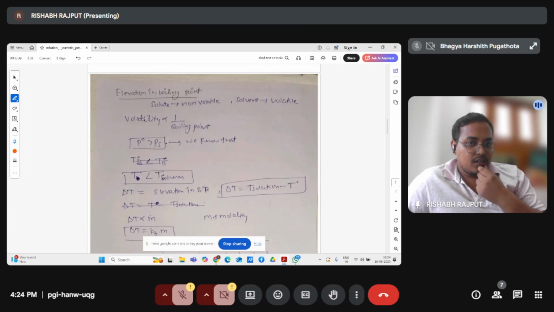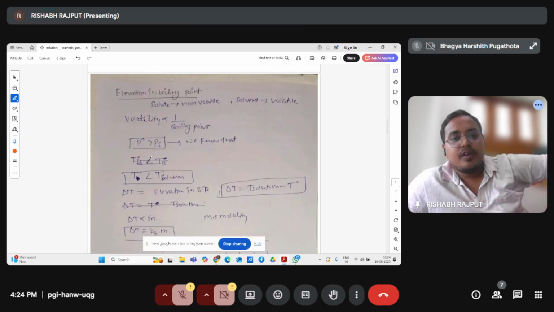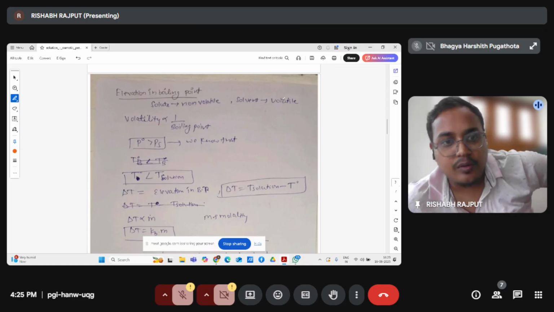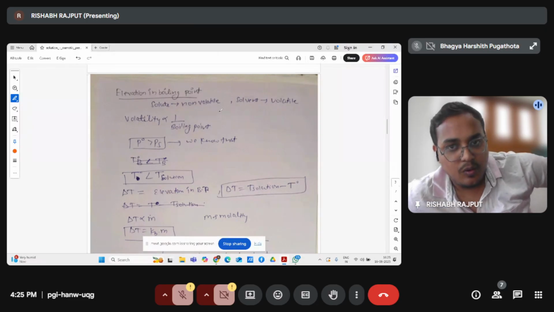If you focus in this topic, you know that the pure vapor pressure is greater than the vapor pressure of the solution. So if you compare here, you will get to know that the boiling point of the solvent is less than the boiling point of the solution. Why? Because your solvent is pure and in the solution the solute is non-volatile.